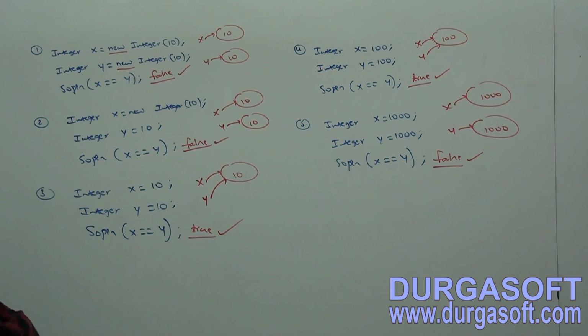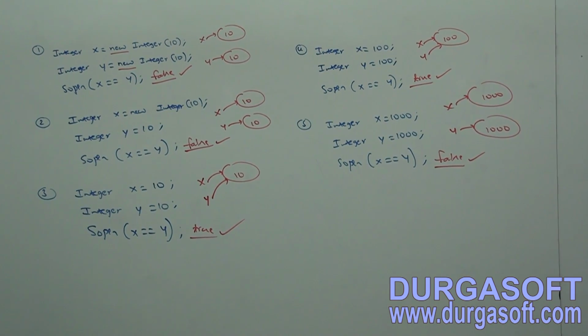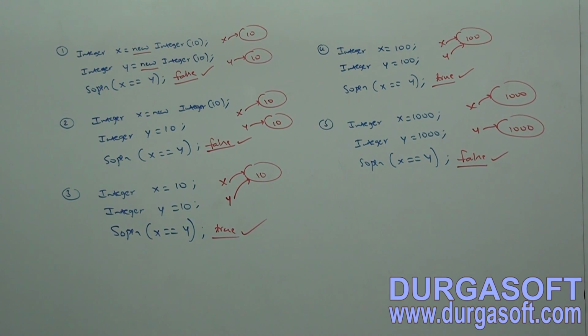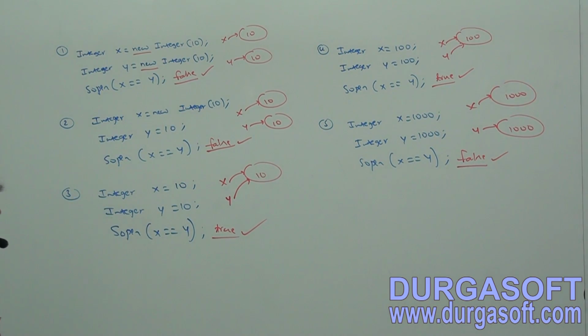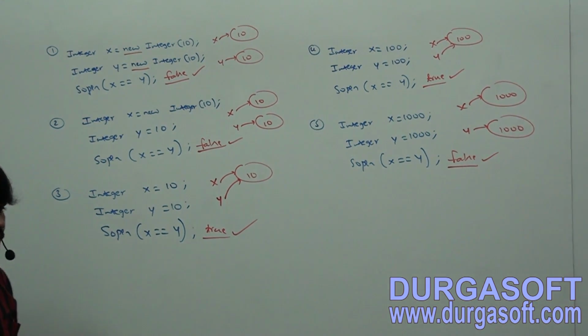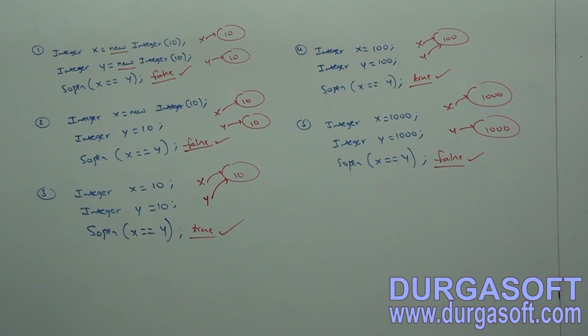Integer x is equal to 100, Integer y is equal to 100, so x double equal to y is true. Integer x is equal to 1000, y is equal to 1000, so x double equal to y itself is false.